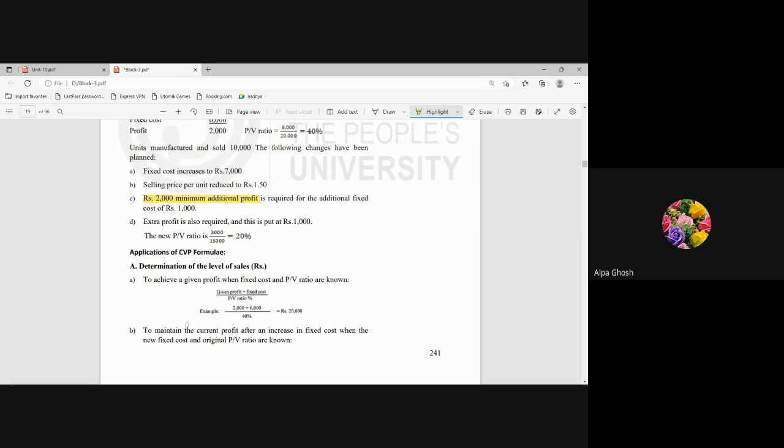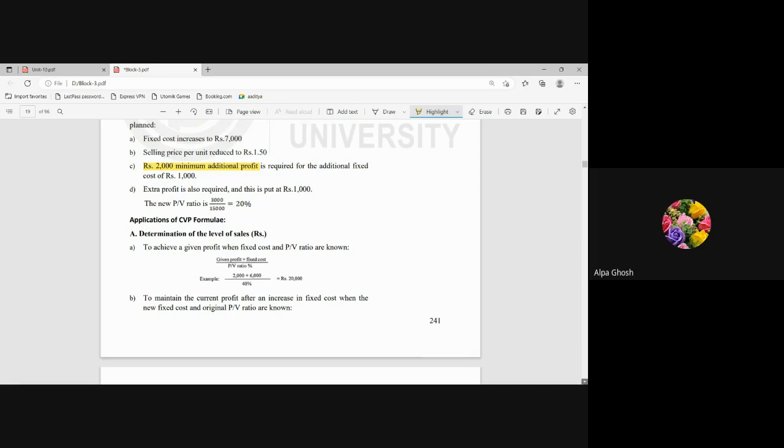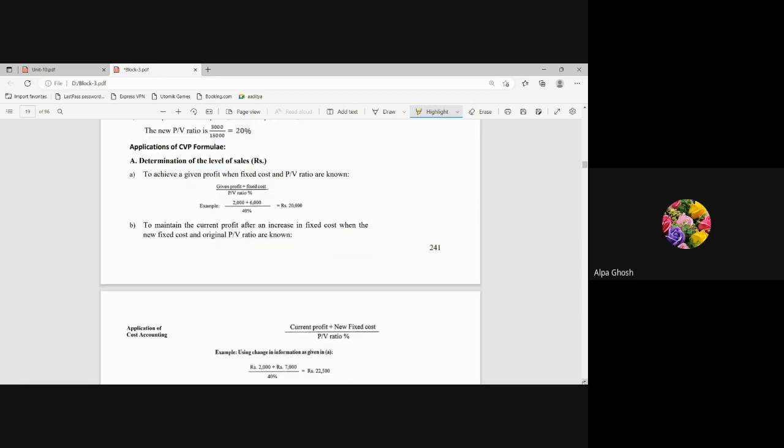So when you divide this by 40%, you can see that the sales level is 20,000. Now, if you want to maintain the current profit after an increase in fixed cost, the fixed cost has increased from 6,000 to 7,000. So what will it be?